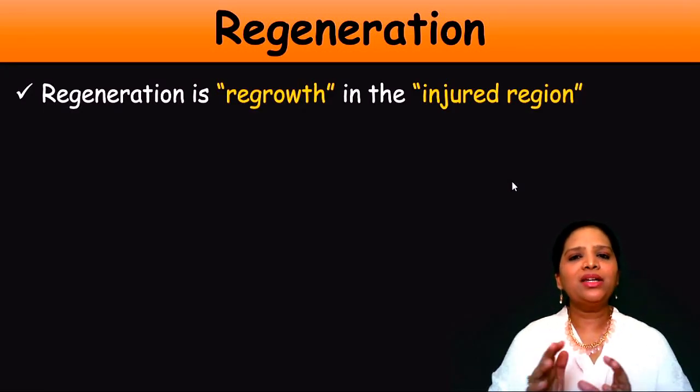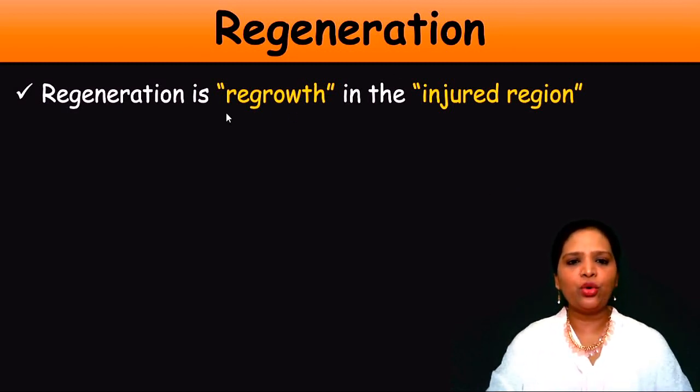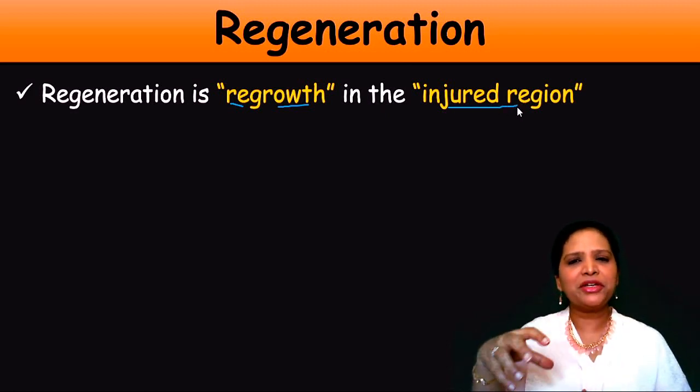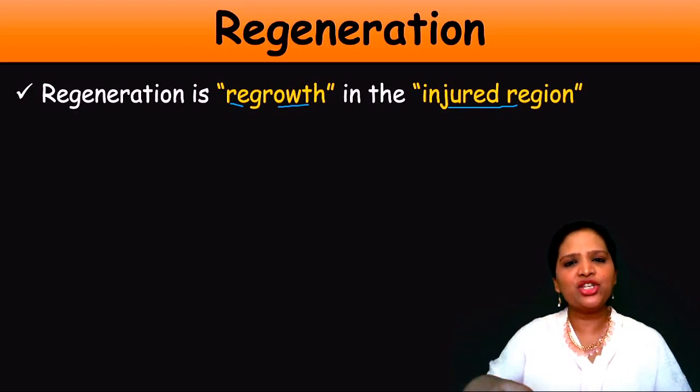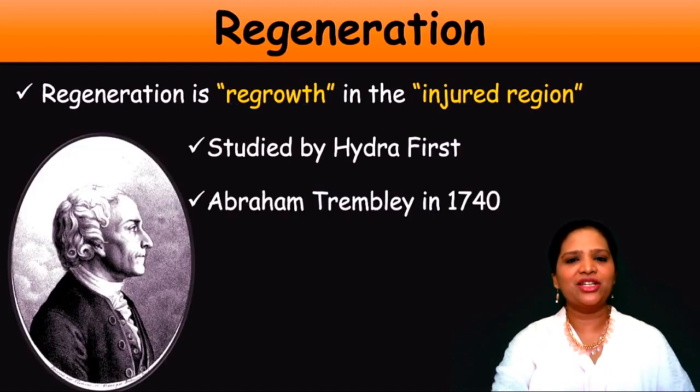What is regeneration? Regeneration means regrowth. Re means repeat, growth means growing again. So regeneration means regrowth in the injured region. Whichever part of the organism was injured, that injured part gets regenerated, gets regrowth. So that is the meaning of the word regeneration.